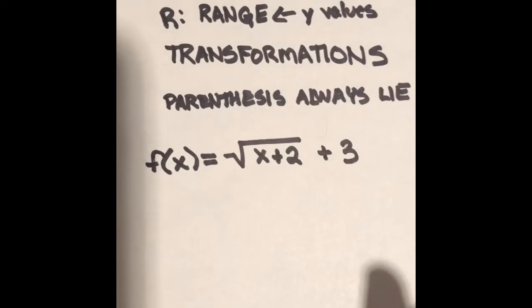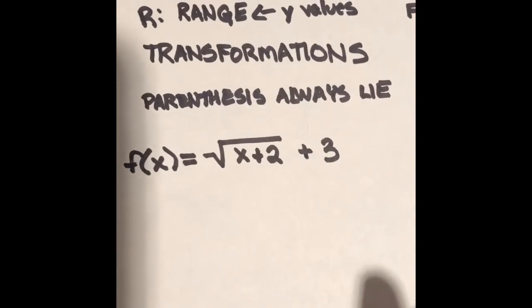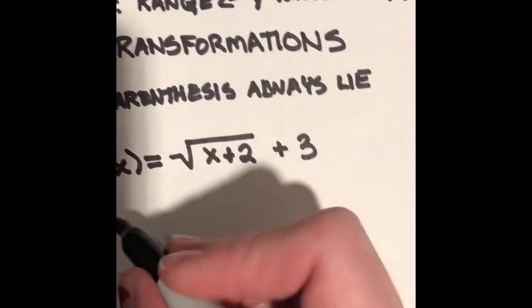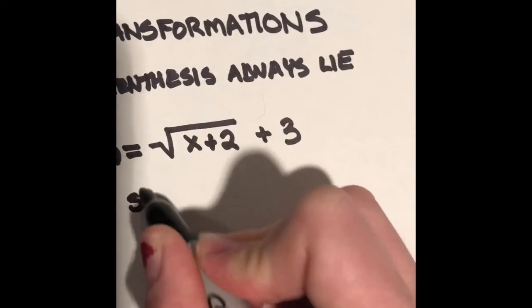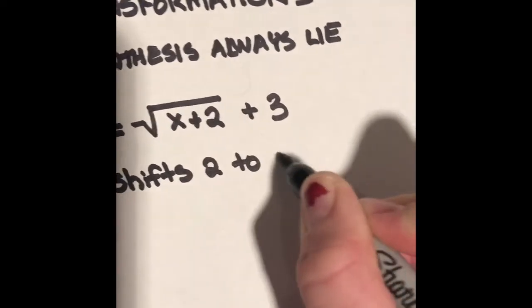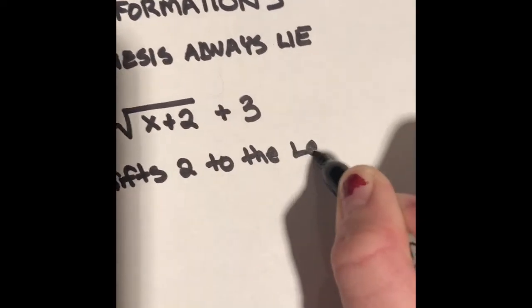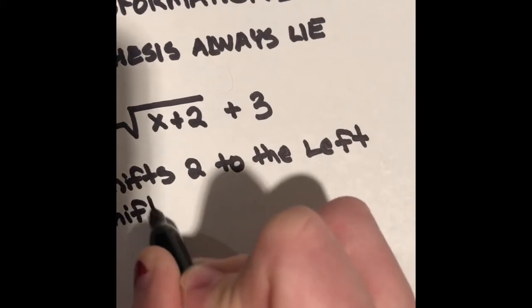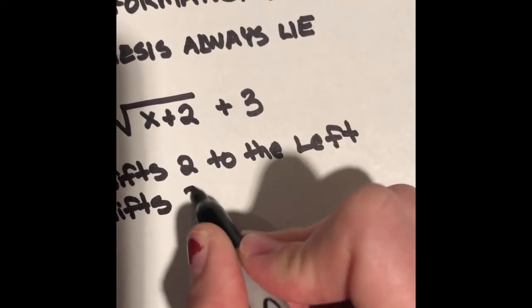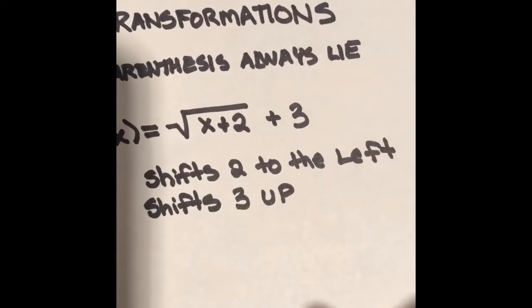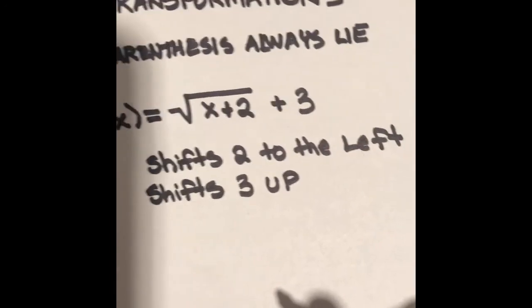So where does this shift from our parent function? From our parent function, this shifts to the left. It shifts 3 up. It is not reflected, stretched, or compressed.